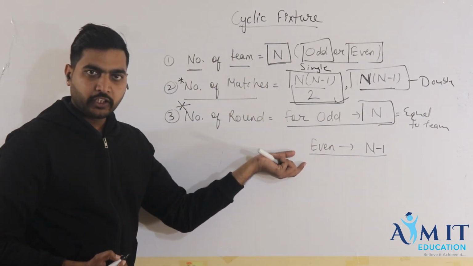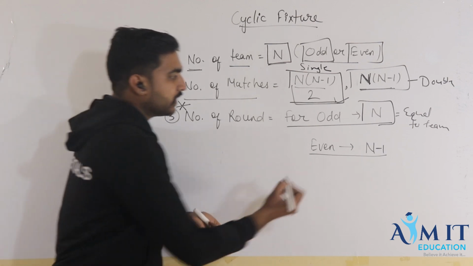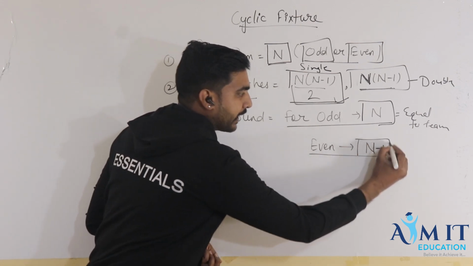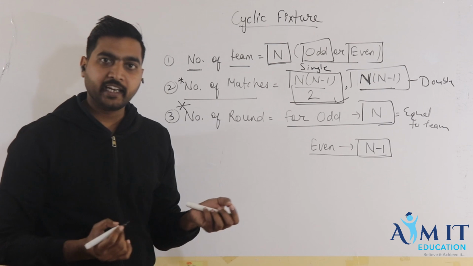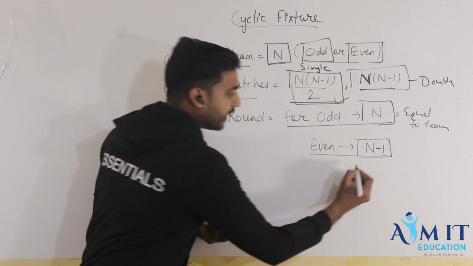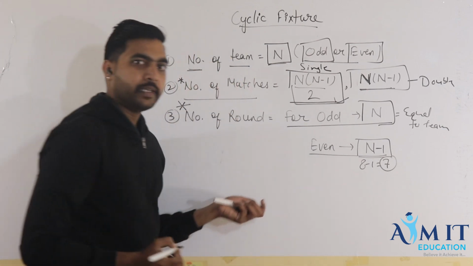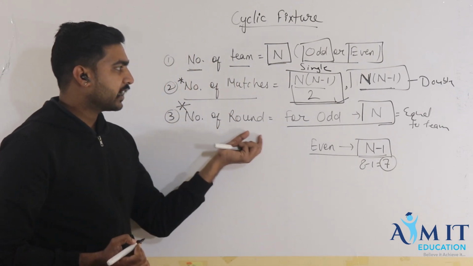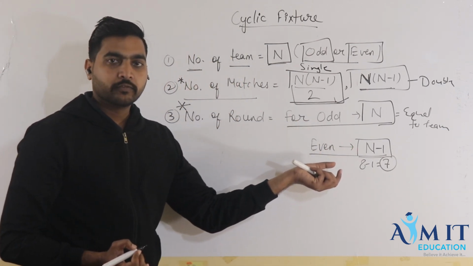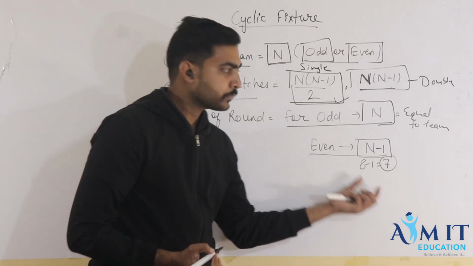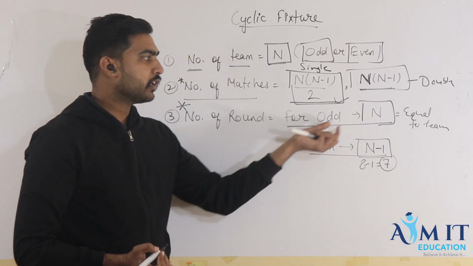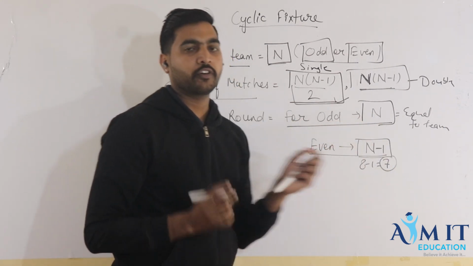If we have an even number of teams, then the number of rounds will be N minus 1. Suppose we have 8 teams, then 8 minus 1 means 7 rounds. So in the condition of even, we reduce 1, and in the condition of odd, it is equal to the number of teams.